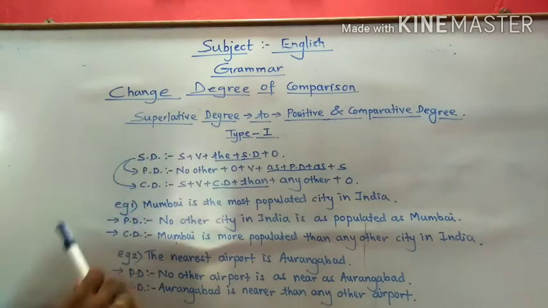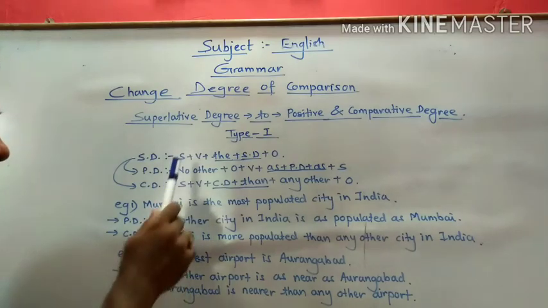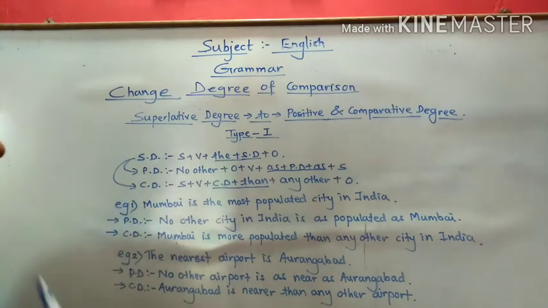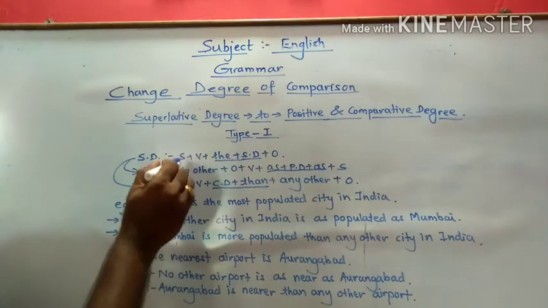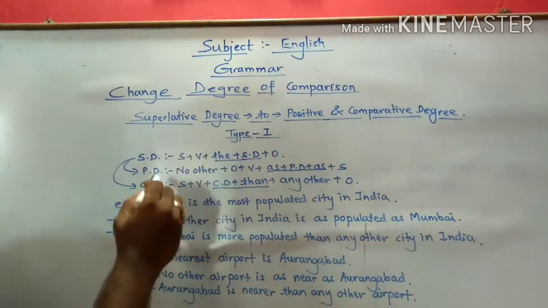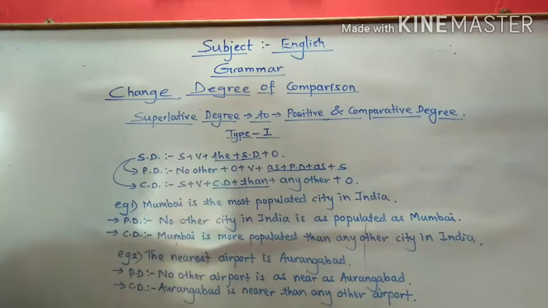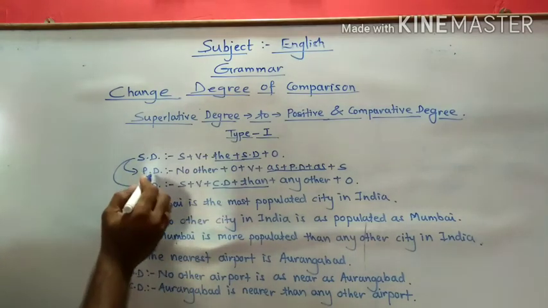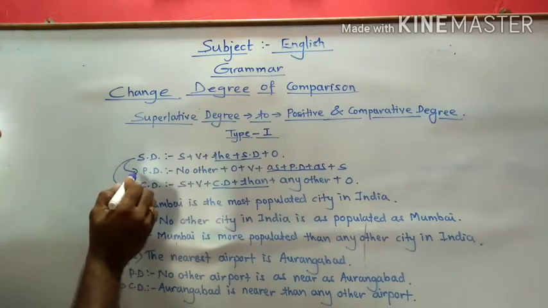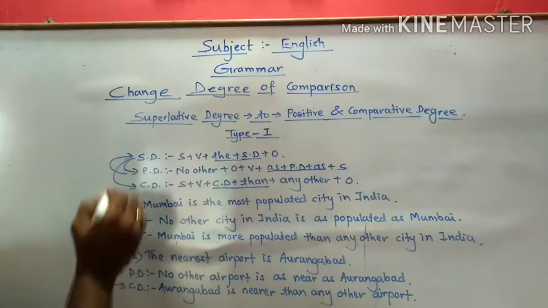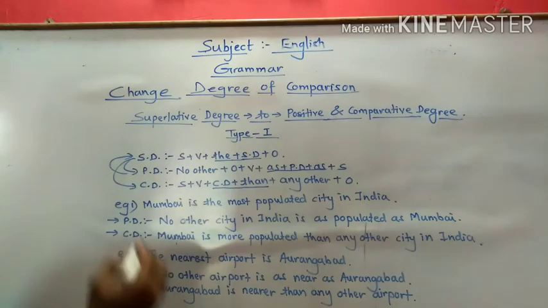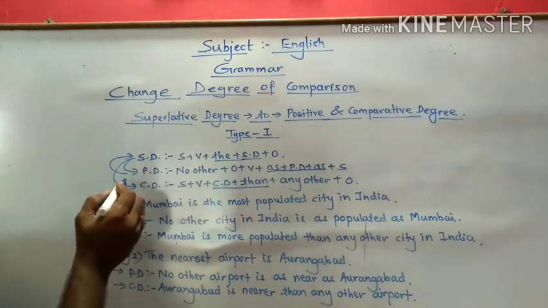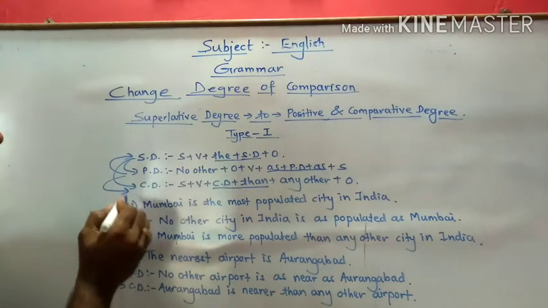Now the most important thing to understand from this construction is that we can use these constructions interchangeably. If the positive sentence construction is in this form, we can change it into superlative degree sentence construction in this form. Similarly, that positive degree sentence can be changed into comparative degree form.